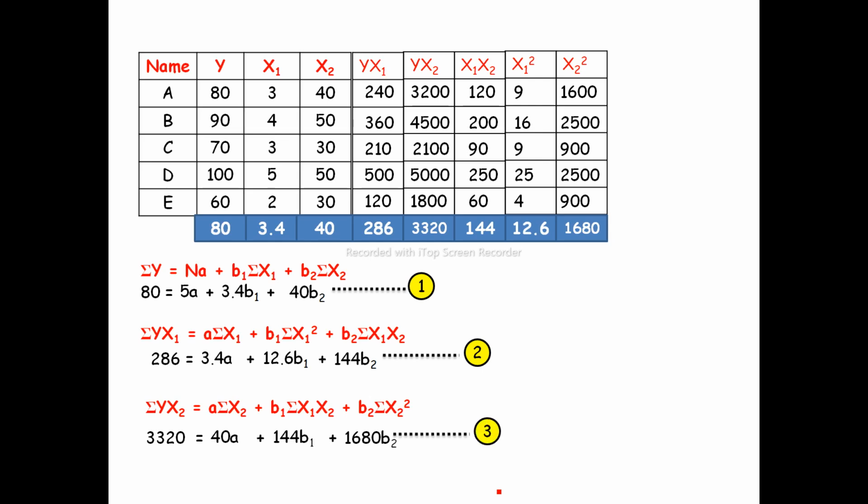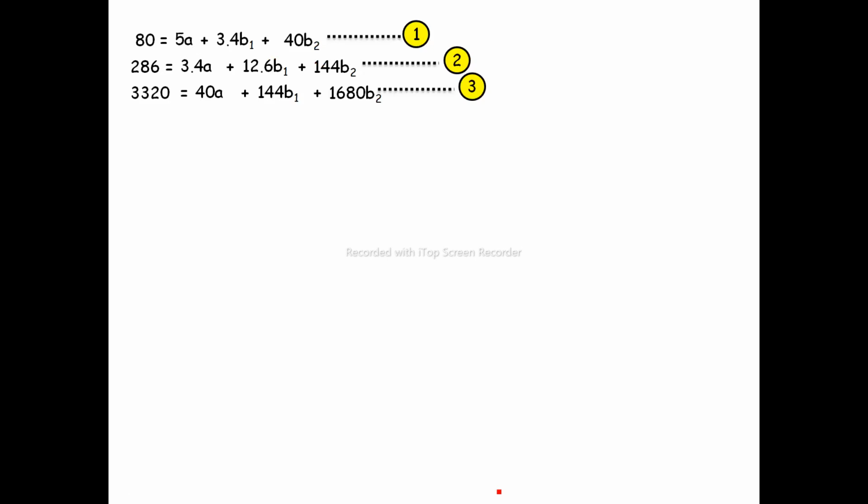Okay, as we did all these things in our school time, we need to know the values of a, b1 and b2, and we'll try to do so by solving these three equations. So first of all, we'll solve equation number 1 and equation number 3. We'll divide equation number 3 by 42.